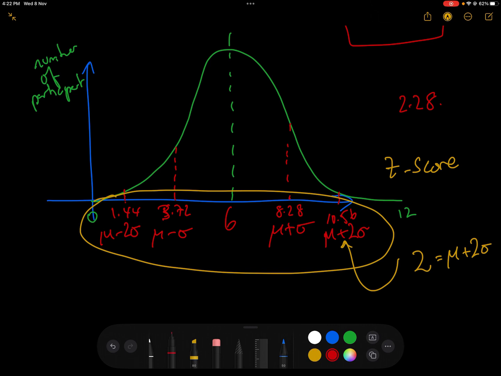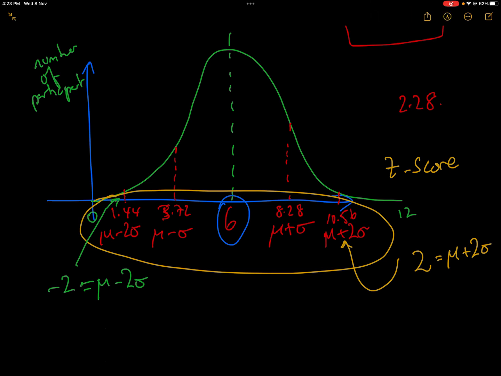If they have a z-score of minus 2, then that means that their score was equal to the mean minus 2 standard deviations, which means that their score was here. So this is directly comparable to the z-score. And by the way, if their z-score is 0, then that means that they moved the dial to 6. A z-score of 0 by definition means that you scored the mean.